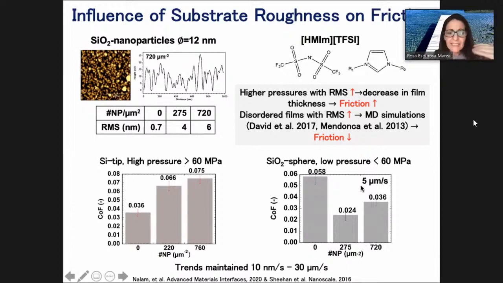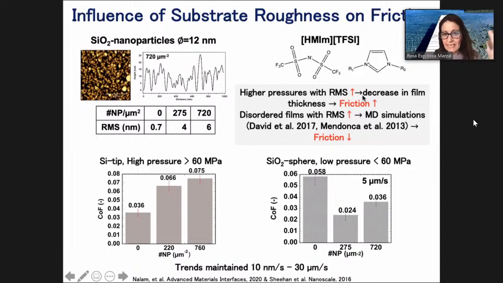But interestingly, when we perform measurements with a silicon oxide sphere at pressures that never go above 60 megapascals, we observe a minimum of friction at the intermediate roughness, for the substrates with 275 nanoparticles per square micron. This indicates that we have some competing mechanisms.